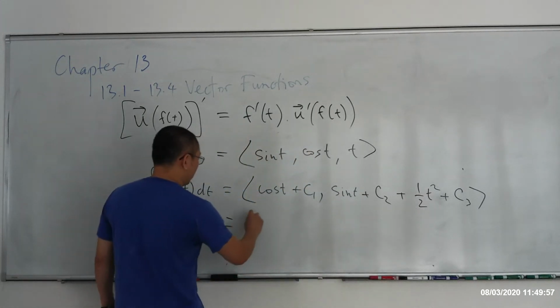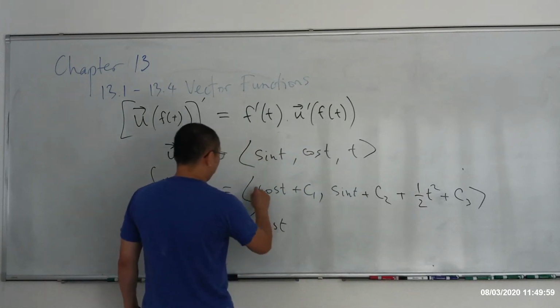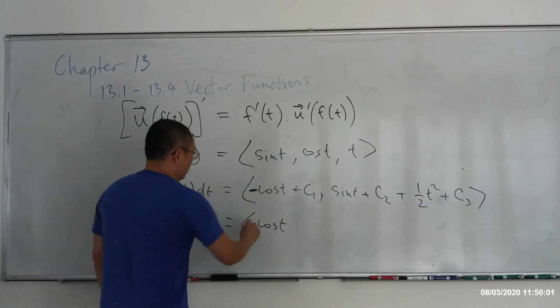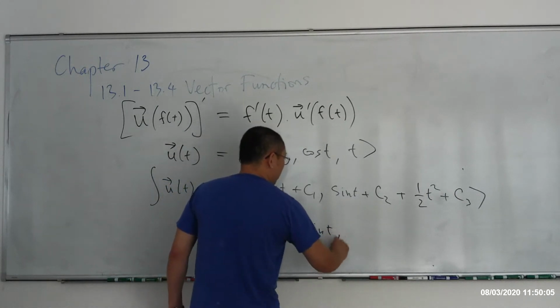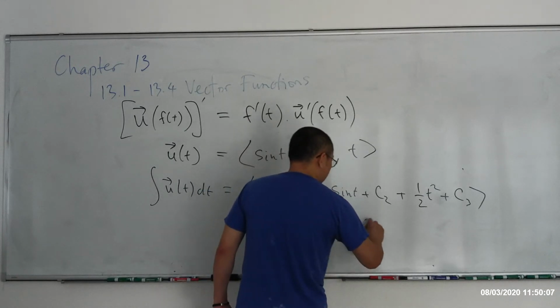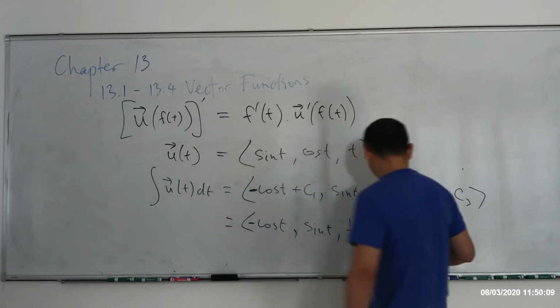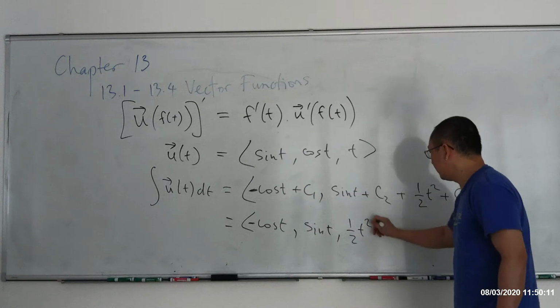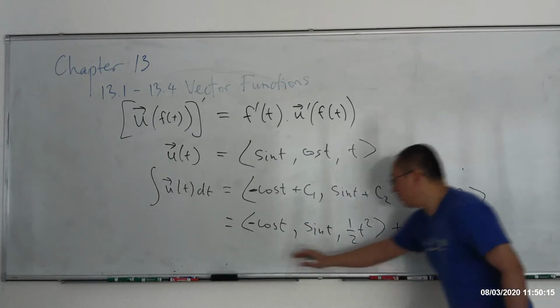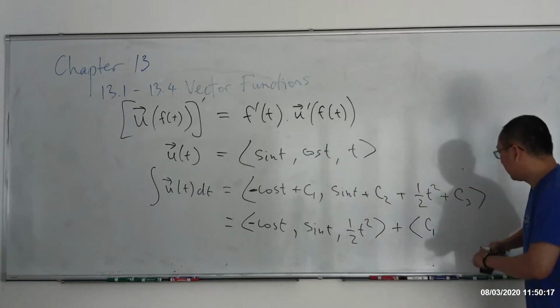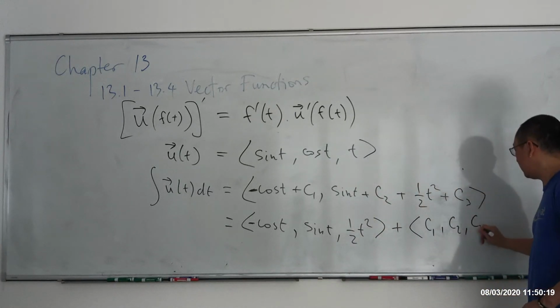Or you can write this way, cosine t negative, right? Integral of sine is negative cosine, comma, sine t, comma, 1/2 t squared plus C1, C2, C3.